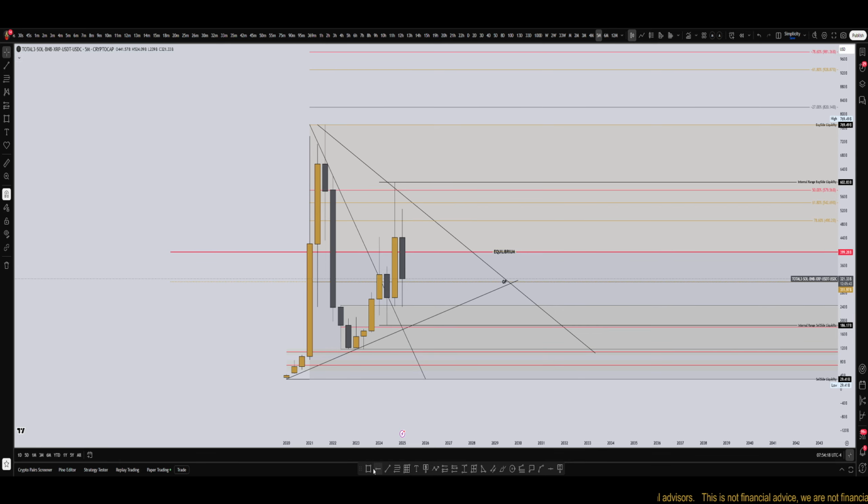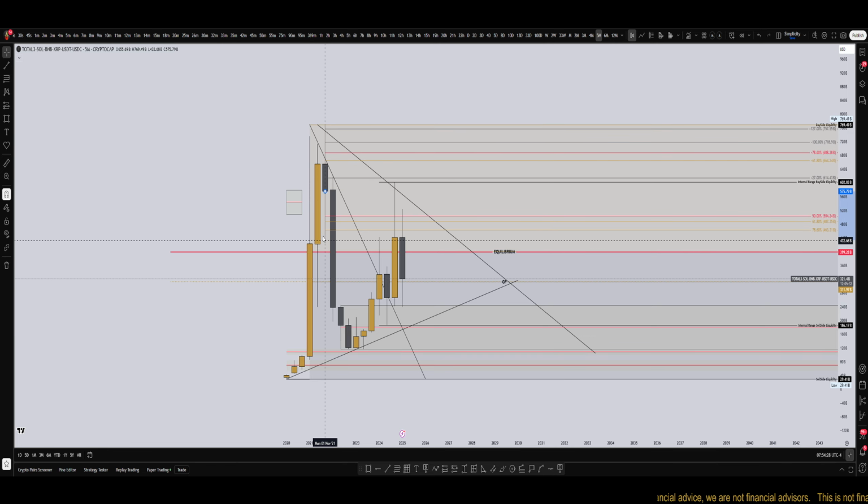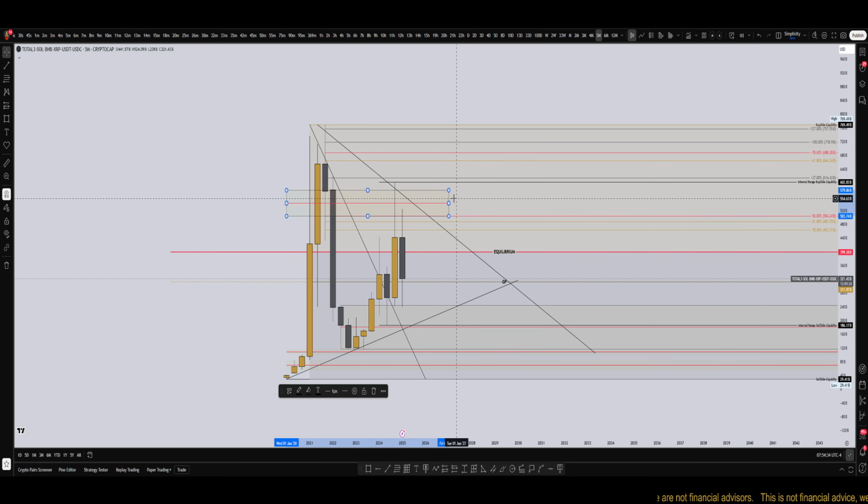And what you want to do is actually take note of the equilibrium point of the wick. Then what you want to do is measure the wick of the third candle that forms the supposed gap. And you want to drag this to perfection.